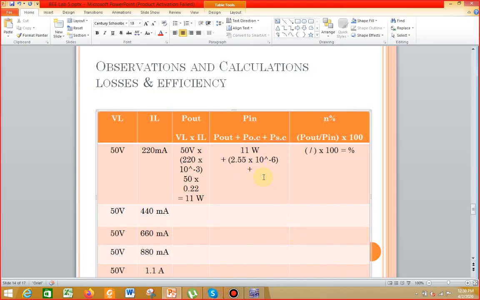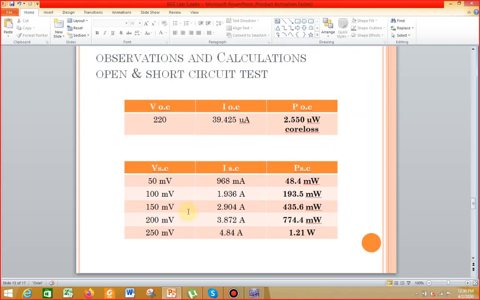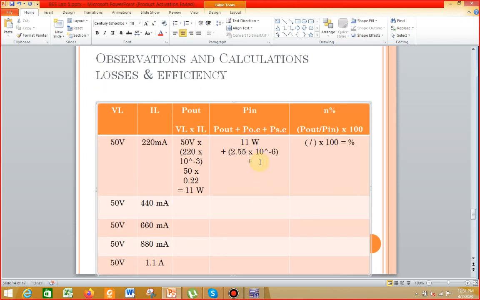Next we are going to add the value of short circuit loss for 220 milliamps. So here we go. This is the short circuit loss, 48.4 milliwatts. It means 48.4 multiplied by 10 raised to the power minus 3.